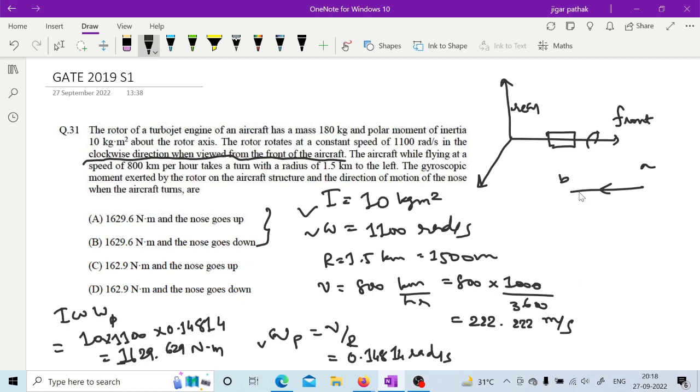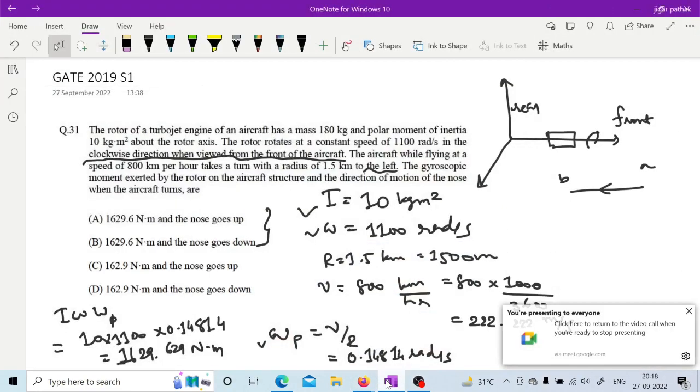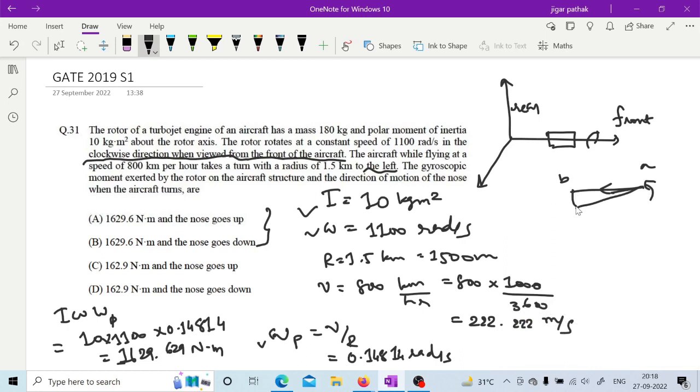Now the vehicle is flying at a speed of 800 kilometers per hour. Now what is going to happen? It is going to take the left turn. So when it takes a left turn, you will have one more couple generated, like this, and this will be the active gyroscopic couple.